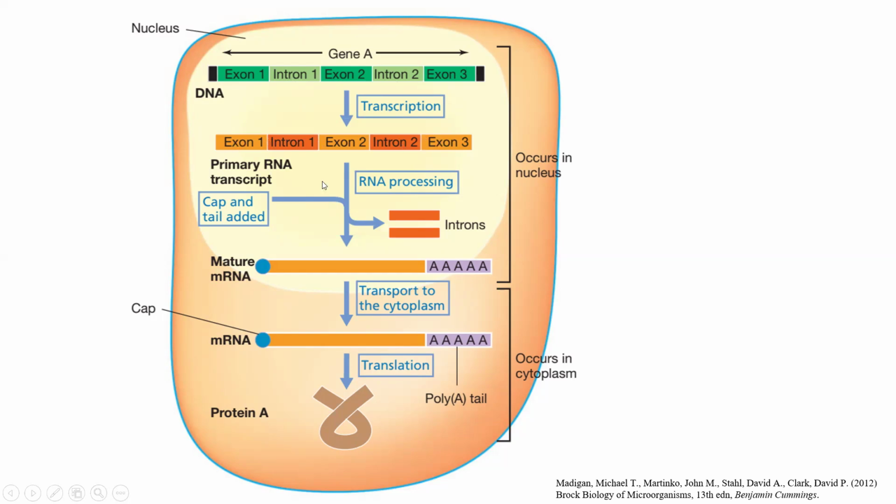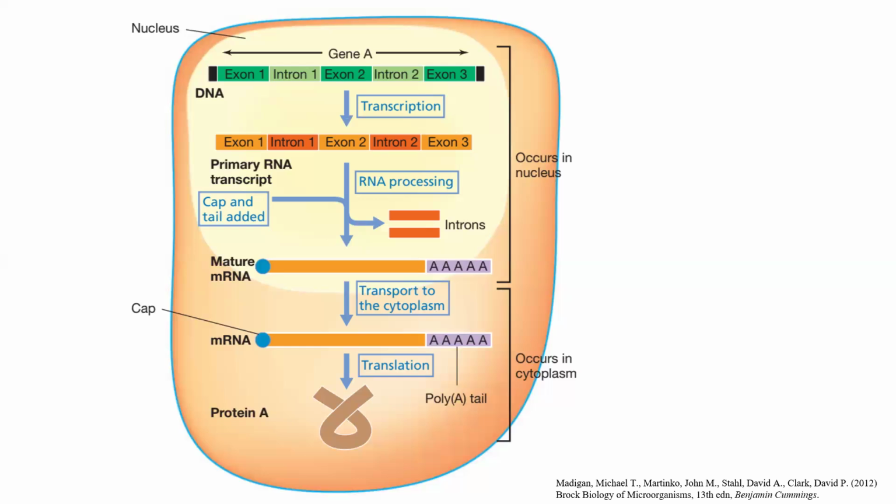This is pre-mRNA. Cap is added, tail is added, part of the RNA processing done, addition of cap and tail, and introns are removed. Who removes the introns? Machinery. Which machinery? Spliceosome. What is spliceosome? A complex of this pre-mRNA and SNRPs, small nuclear ribonucleoprotein particles, which are a combination of snRNA, small nuclear RNAs, and proteins.